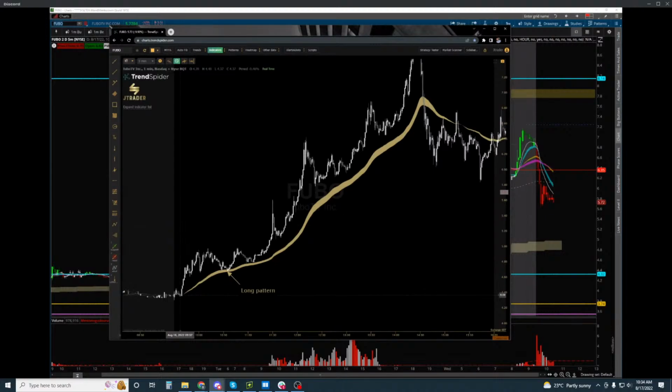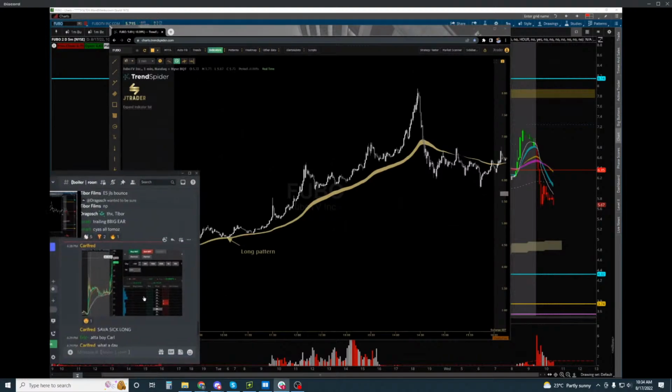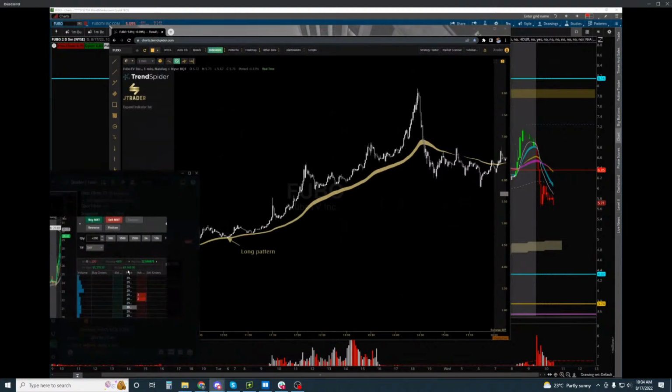Yesterday, FUBO went from 4.40 up until over here, the 8s. It was 8.15, 8.10. So you can see the move over here going parabolic, exhaustion. This seems like really a playbook pattern. Good work over here in the meantime for our traders. I mean, not bad for the day.